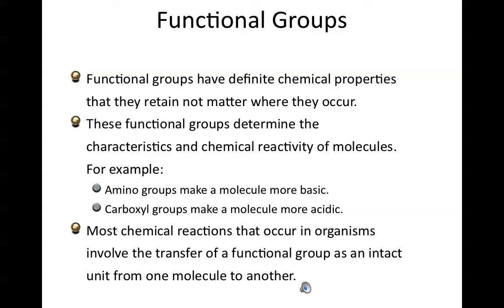Amino groups that are found in molecules give a molecule what we call a more basic or alkaline characteristic. If it's a carboxyl group, we're going to find that that functional group gives a molecule an acidic quality. Most chemical reactions that occur are going to directly involve the functional groups of the different molecules. So functional groups are incredibly important in biological systems.